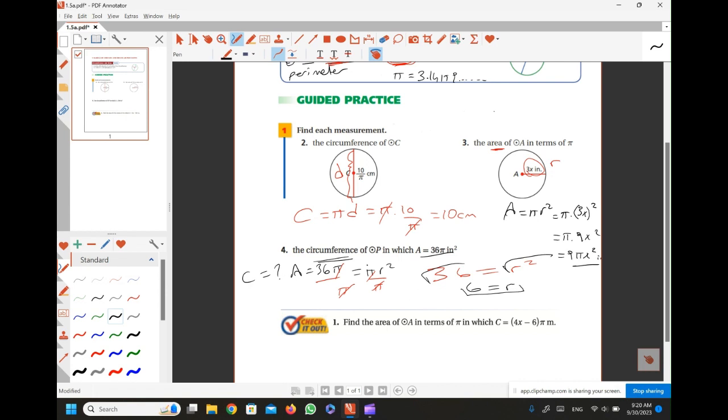So let's get back to circumference. The circumference formula is 2 pi r, 2 pi multiplied by r, which is 6. We found r as 6. So 6 times 2 pi is 12 pi. The unit is inch. So 12 pi inch is our circumference.